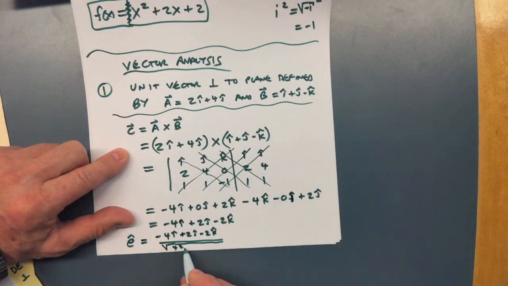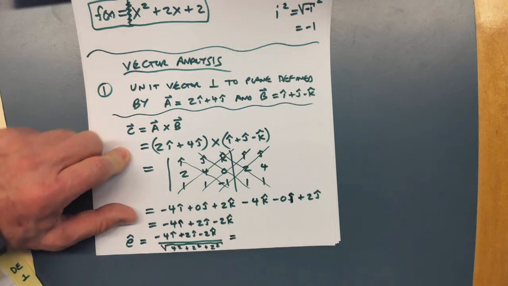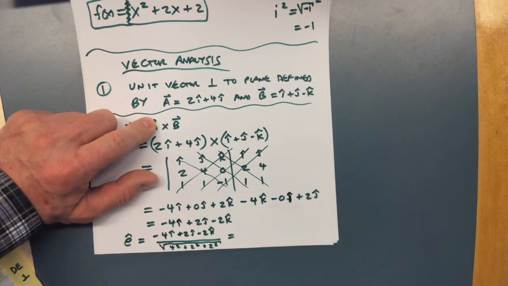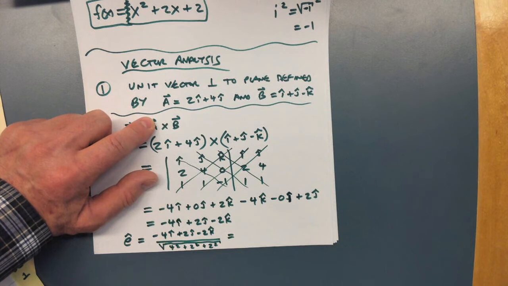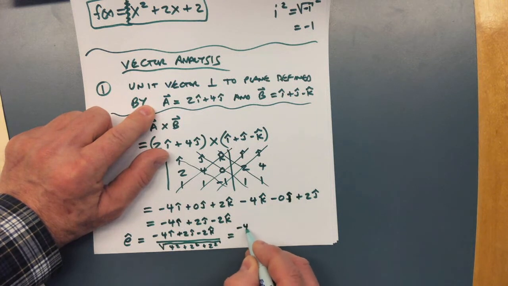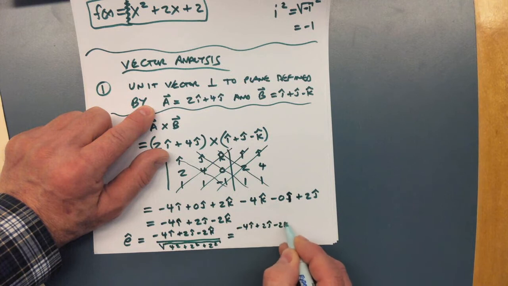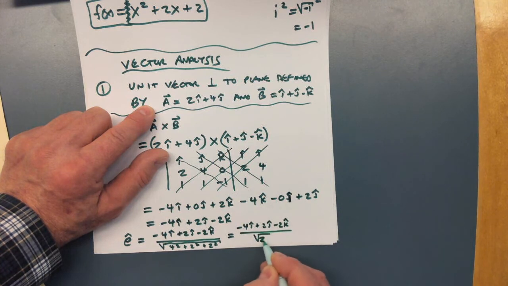So we get the square root of 4 squared plus 2 squared plus a minus 2 squared, which I'll just write as 2 squared. That's 16 plus 4 plus 4, that's 24. That's the square root of 24. So minus 4i plus 2j minus 2k divided by the square root of 24.